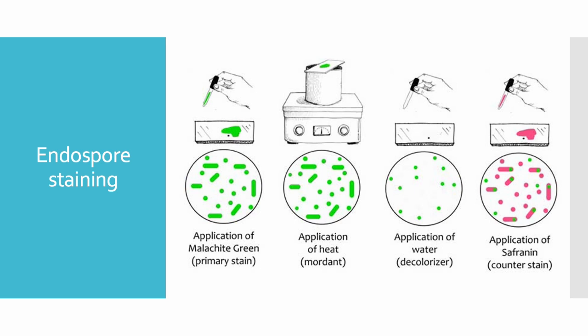This is why, after applying the first dye, carbolfuchsin, we heat it. Five minutes? No. Two to three times, a few seconds. How does it work? You take a slide, you put it on the fire, and you take it out.